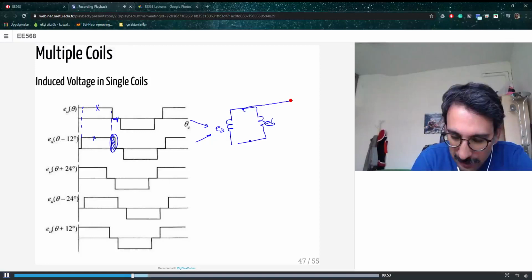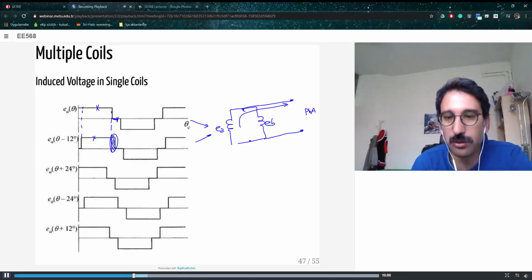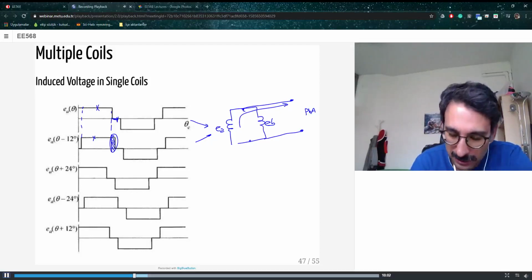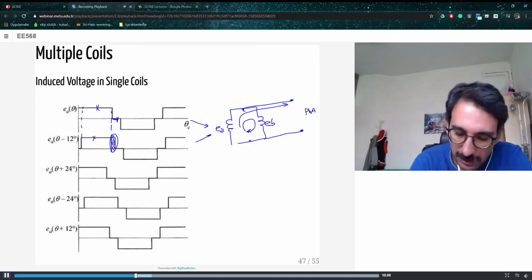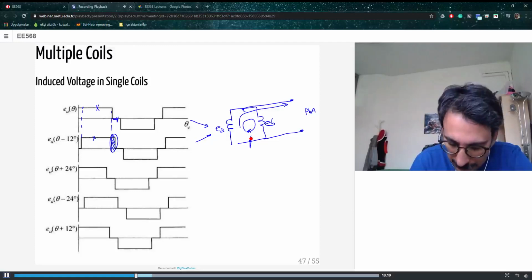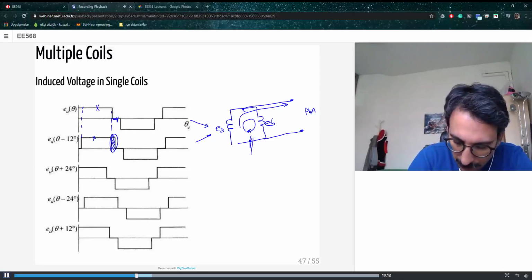If this is your phase connection, let's say phase A, instead of currents going to your load, or instead of supplying power, you will have currents between coils. These are called circulating currents.